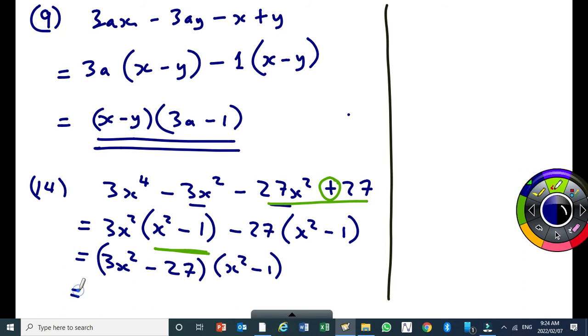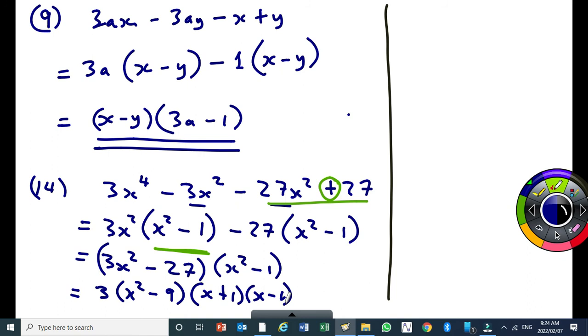Okay. So, the first binomial factor can be factorized. If I take out 3, I'll get 3 times x squared minus 9. Then x squared minus 1 is a difference of two squares, so that would be x plus 1 times x minus 1. Remember, we factorize by a difference of two squares.